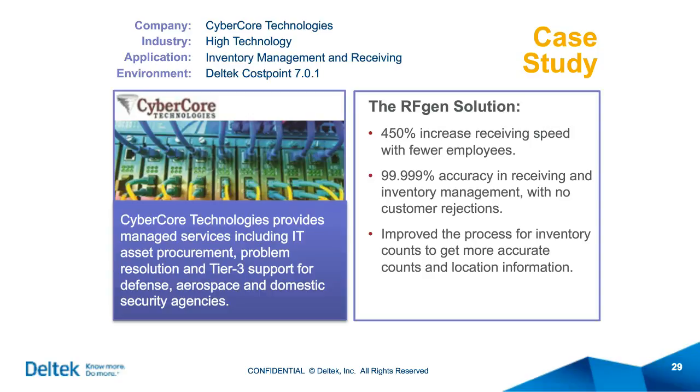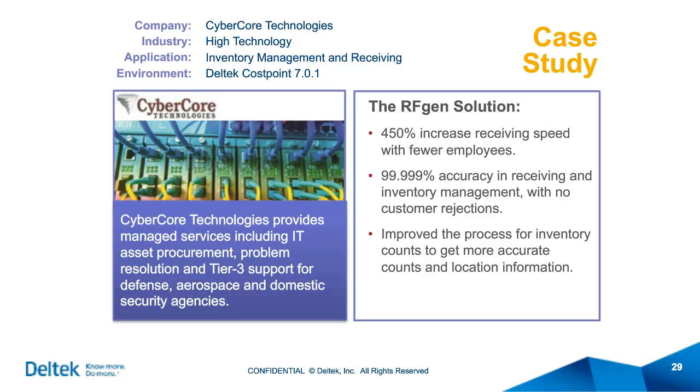They sped up their operations, where they were actually able to go 4.5 times faster using the same, or fewer, employees. They moved from writing things down to using an automated system, and accuracy went to 99.99%. What that always comes back to when you talk about the accuracy of inventory is dollar savings.